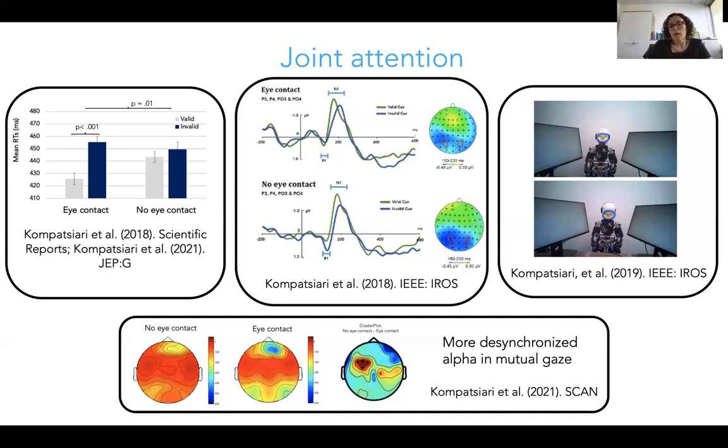So what we observe is that both in eye tracking data, in EEG, and also in our subjective reports, where we asked participants to simply state whether they felt engaged more or less with the robot, we see more engagement in the eye contact condition, and that affects in turn the attentional orienting effect.